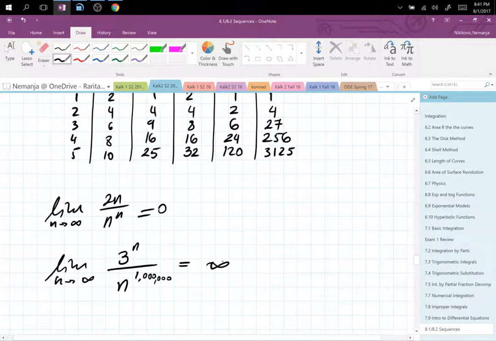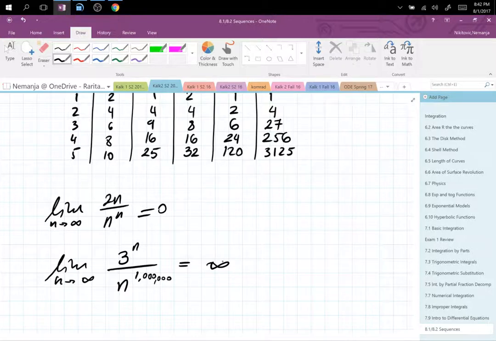Yeah, I know I have a million on the bottom, but it will catch up. This is exponential. This is polynomial. Polynomials always grow slower than exponentials. So it doesn't matter that it's a million. It could be 100 million. It could be whatever you put there. The numerator will grow faster because it's exponential. It's the type of the function, not which numbers are involved.